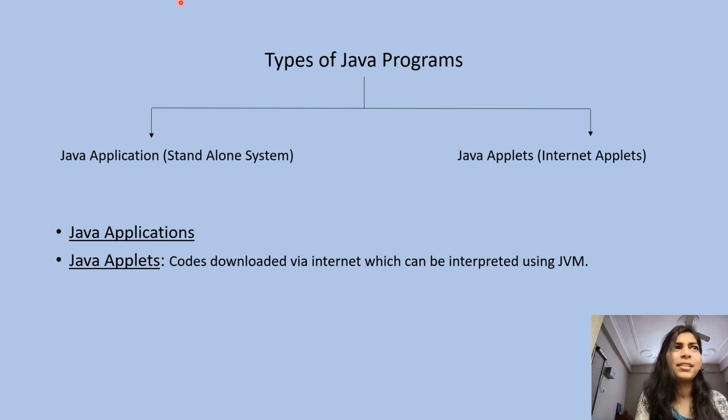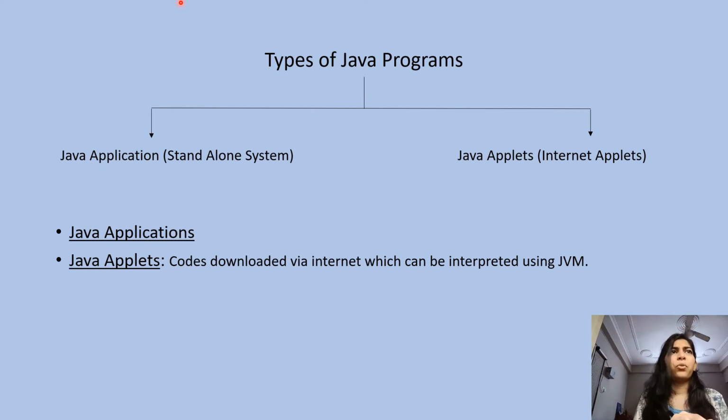The javac command is used to compile application programs, which are then executed using the java command, whereas the applet programs are compiled with the javac command and run using either the appletviewer command or the web browser, right? Because they are internet codes downloaded via internet.